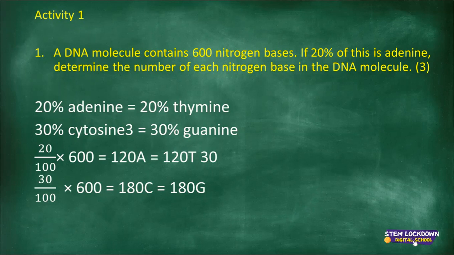Now, when we come to cytosine, which is equal to 30%, then when you also work it through, you are going to get 180. So if 180 cytosine alternates with 180 guanine, it's understandable why you have got 180 cytosine giving us 180 guanine.